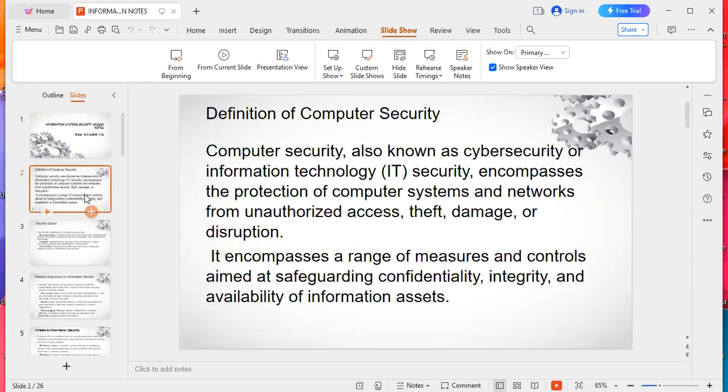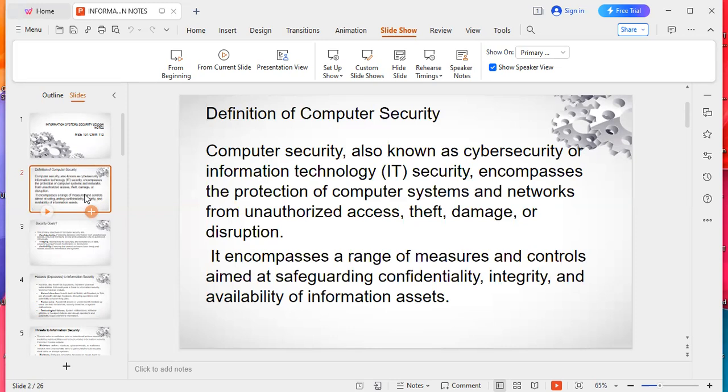Now, first of all, let's look at the definition of computer security. Computer security is also known as information technology security. This is the protection of computer systems and networks from unauthorized access, theft, damage, or disruption.